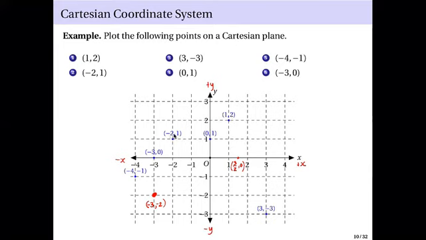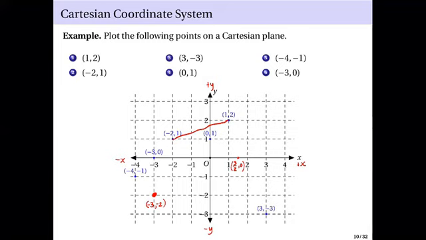Say this negative 2 comma 1 and then this 1 comma 2. How far is the point negative 2 comma 1 from the point 1 comma 2? We will be asked to find the distance between these 2 points.